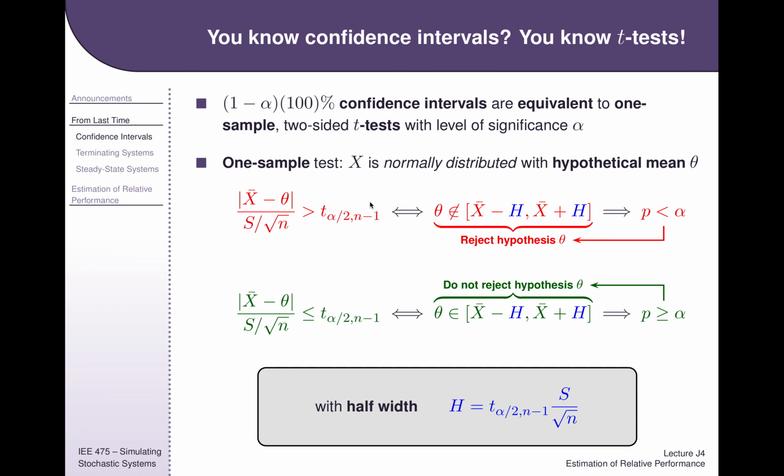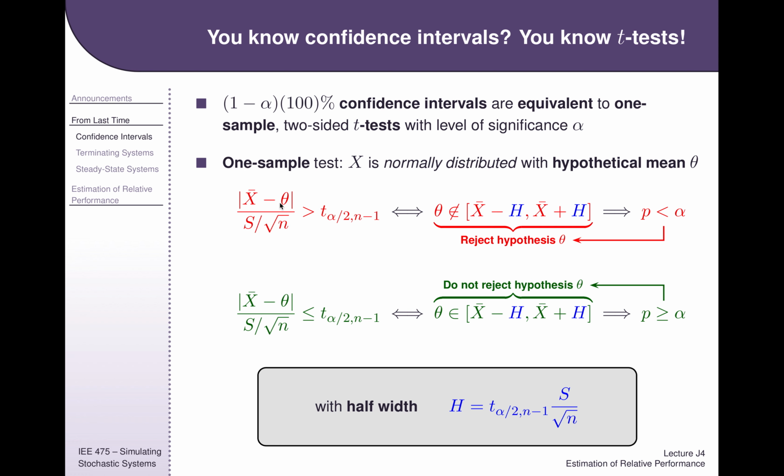And this here is the formula for how you would reject a hypothesis. You reject theta if this thing is true. With a little bit of algebraic rearrangement, this statement on the left is identical. That's what this symbol means, if and only if. So it's identical to this statement over here.